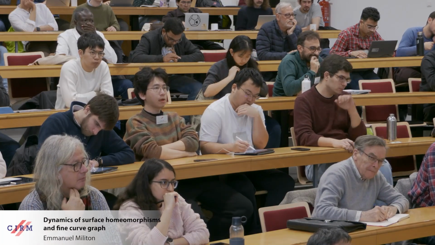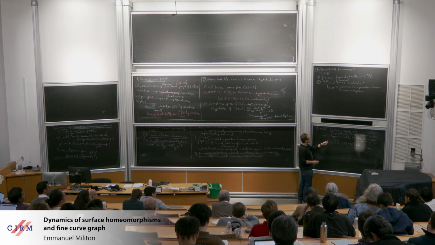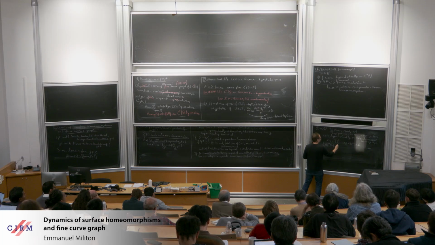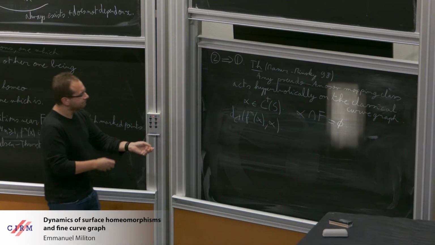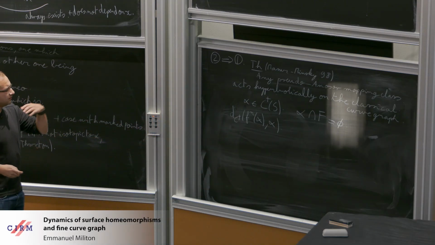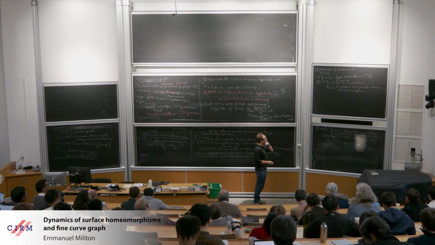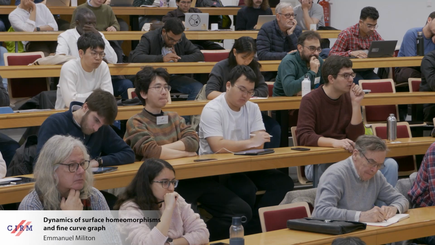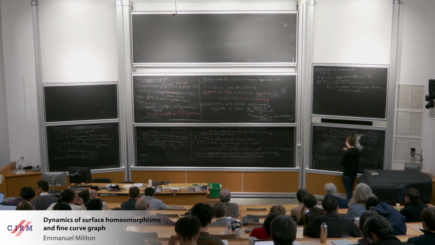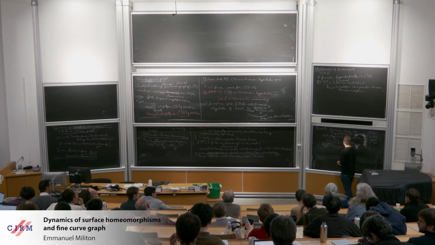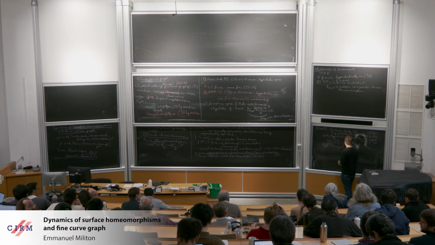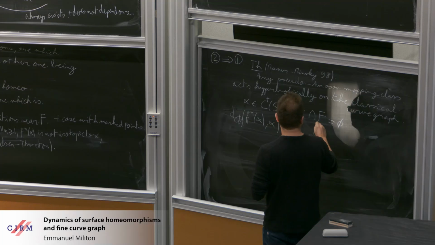And I want to prove that the translation length is big. So how do I do that? I want to compute this quantity, see that it grows at linear speed. To do this, I will compare this quantity to some quantity on some classical curve graph. So I will look at the classical curve graph on S minus F.